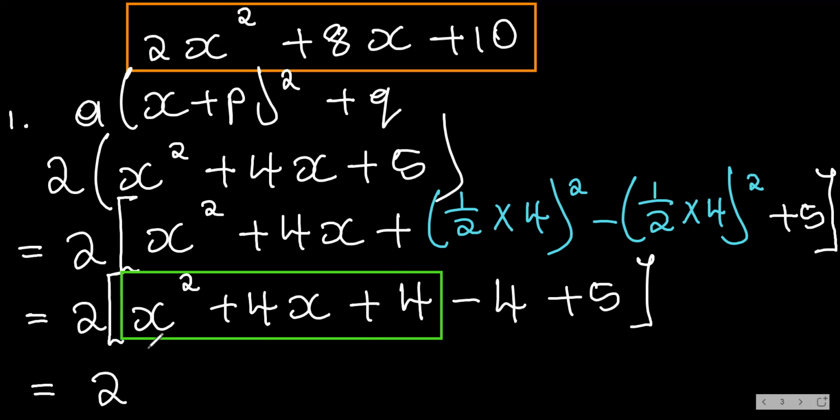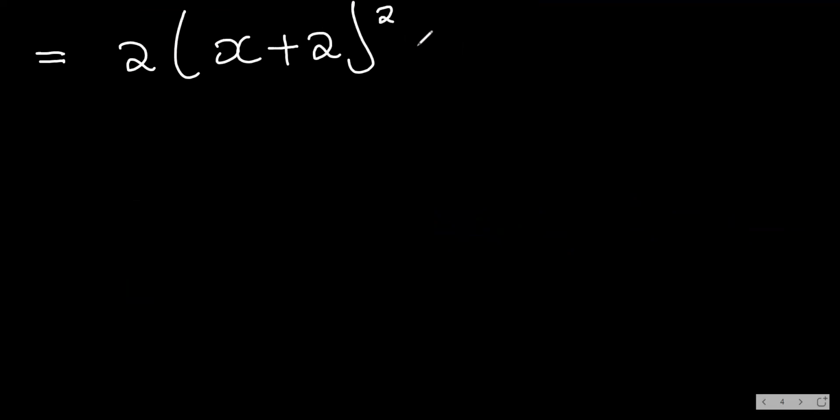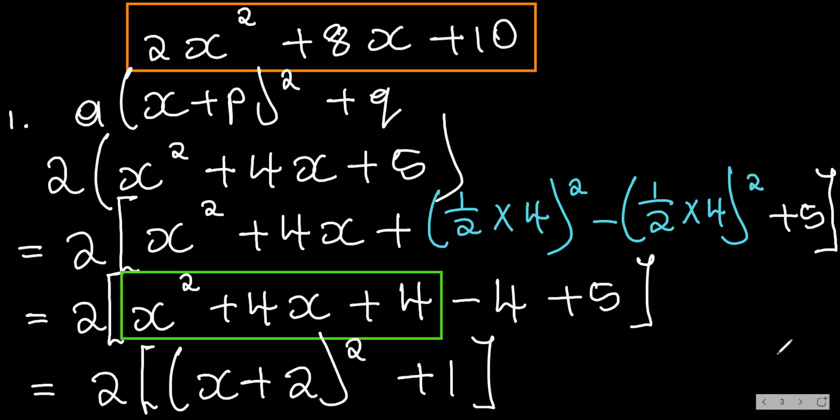Factors of 4 that add up to 4 should be 2 and 2, both of which must be positive. And 5 minus 4 will give us a positive 1. Then lastly, we need to distribute the 2. So this means the expression in standard form will be 2 into (x plus 2) squared plus 1.